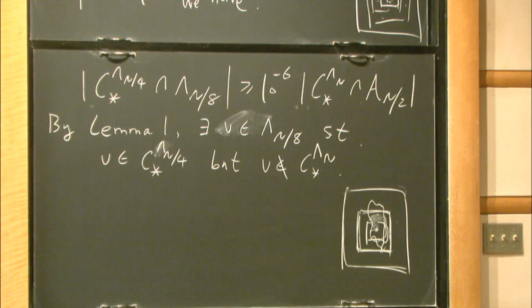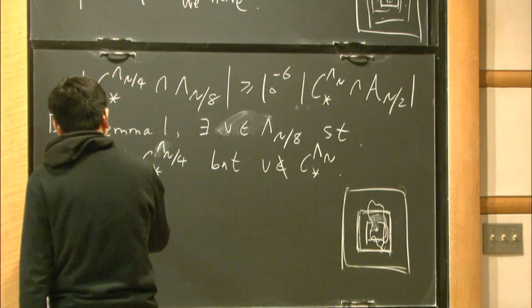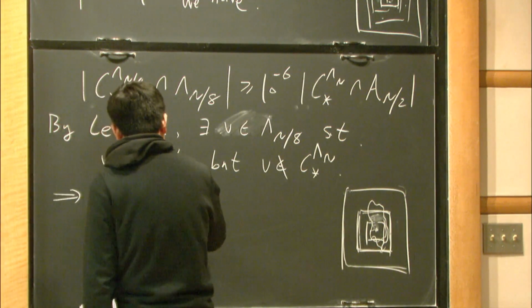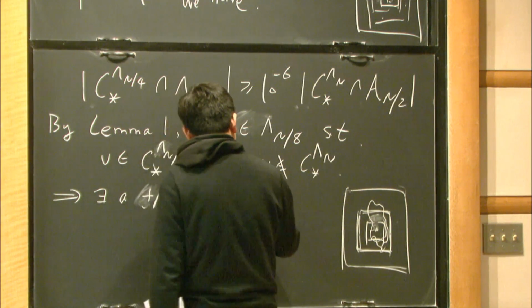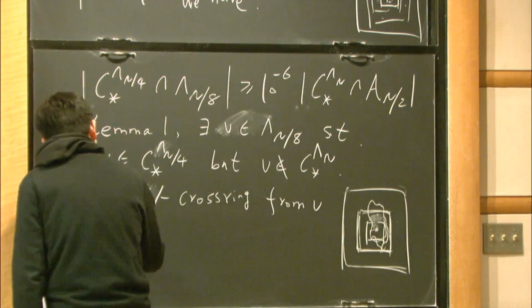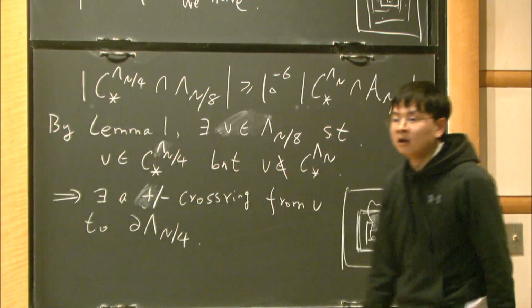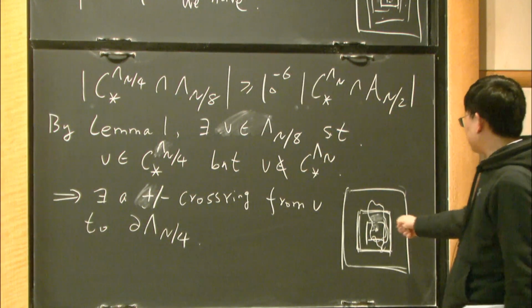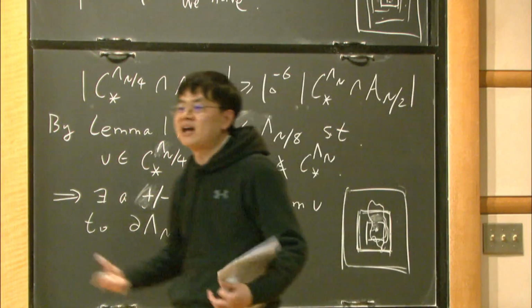Now we are almost done because this implies there exists a plus or minus crossing from V to the boundary of lambda n over 4. Well, that implies there's a crossing between lambda n over 8 to lambda n over 4.